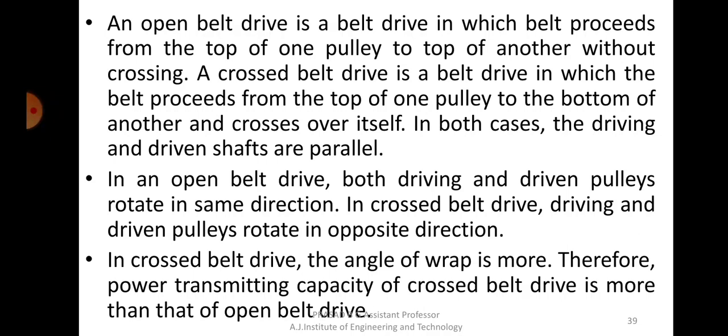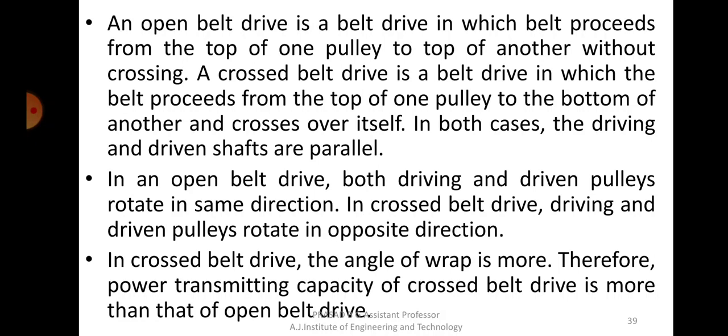Okay, so you got the difference. So in open belt drive, the belt will pass from top to the top of the driven pulley, whereas in cross belt drive, from top of the driver pulley, it will go to the bottom of the driven pulley and then it will cross over itself.